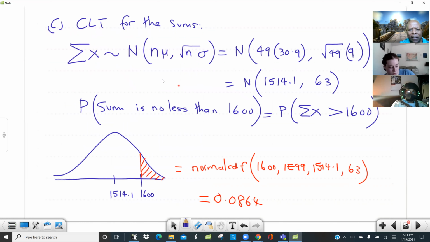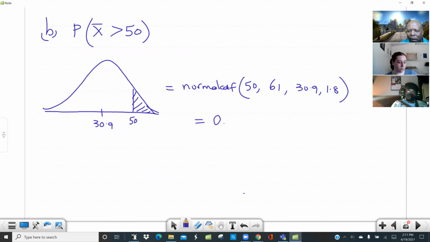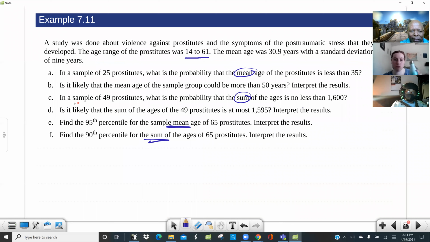And then part C, what's the probability, if I go back here? In a sample of 49, what's the probability that the sum of the ages is no less? What does no less mean? No less means bigger. It says don't go to the left of 1600, go to the right of 1600.